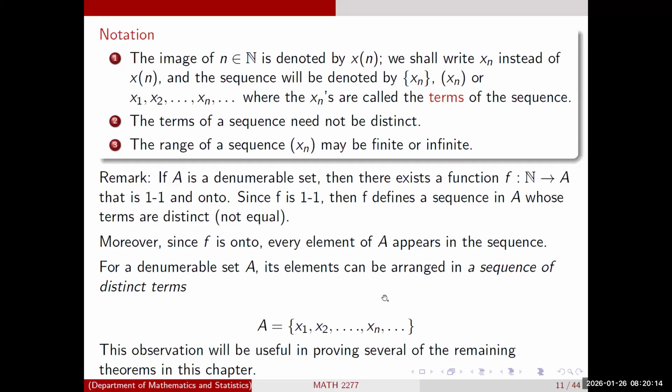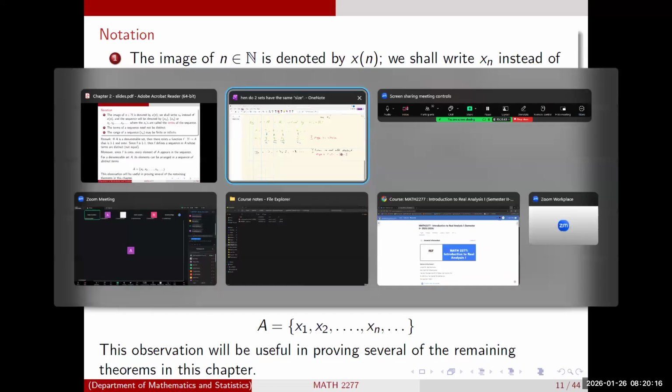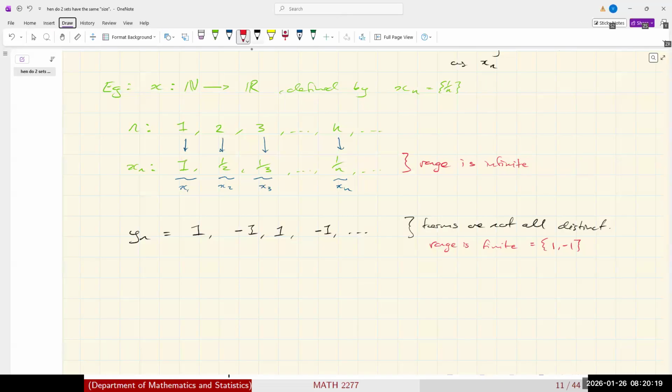Okay, so let me write that down for you. If A is denumerable, that means there's a bijection function between A and the natural numbers.